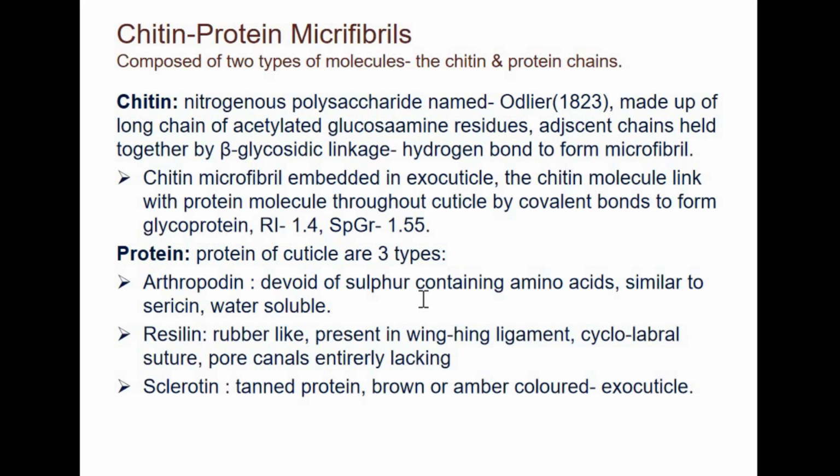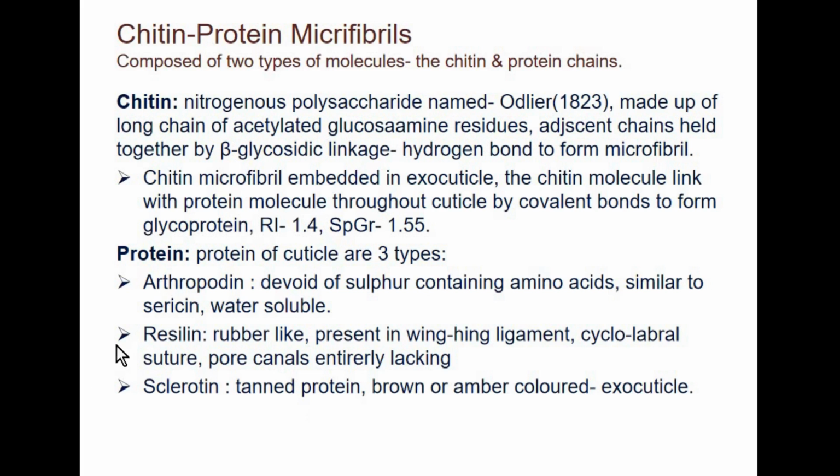It is soluble in water. The protein arthropodin, which is soluble in water, constitutes primarily the pro and endocuticle, representing the untanned protein. So what you have to remember? Arthropodin is a water soluble protein and it is the kind of untanned protein.